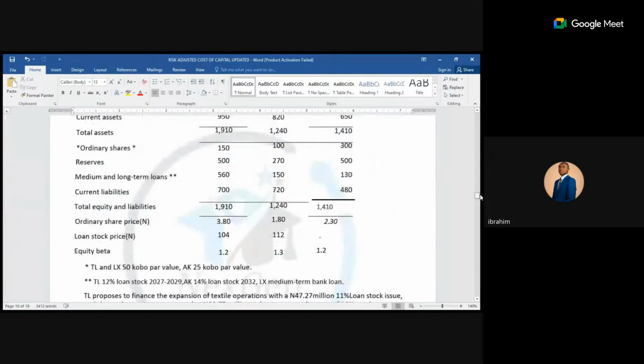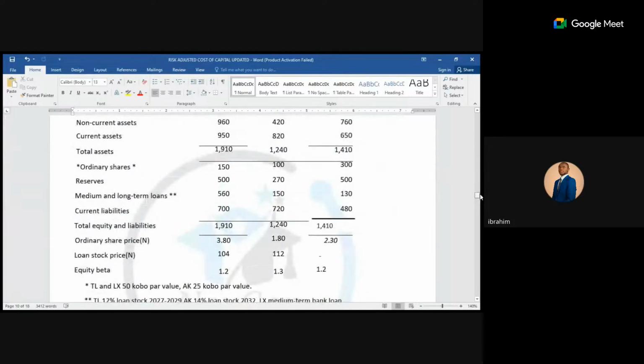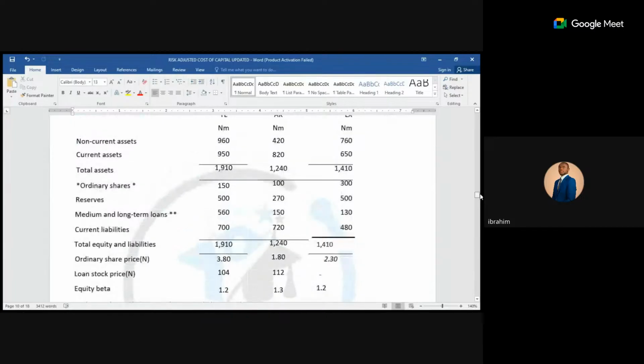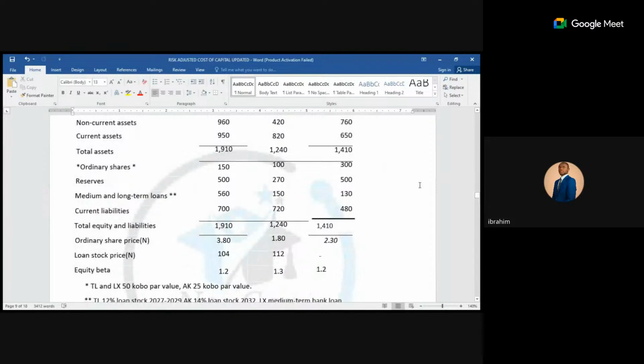Now, how do we determine the value of equity here? Class, quickly. For AK, how do we determine the value of equity? 100 divided by 0.25 times 1.8. Makes sense.